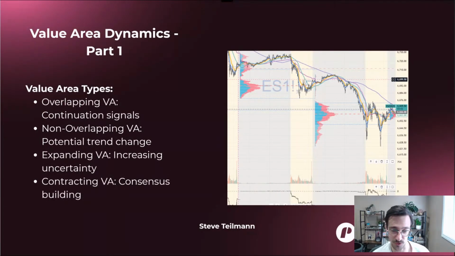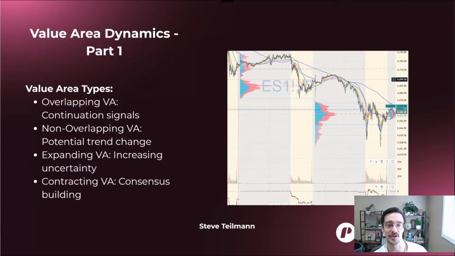Let's get into a little more dynamics here. The types of value areas that I want to go over, I classify in a few ways. You can have overlapping value areas, where they're overlapping day to day. These are usually areas of a high volume node, or price digestion, price acceptance as we'd refer to it.